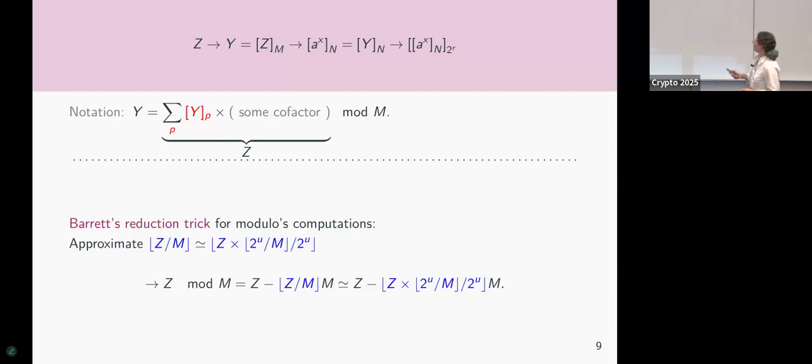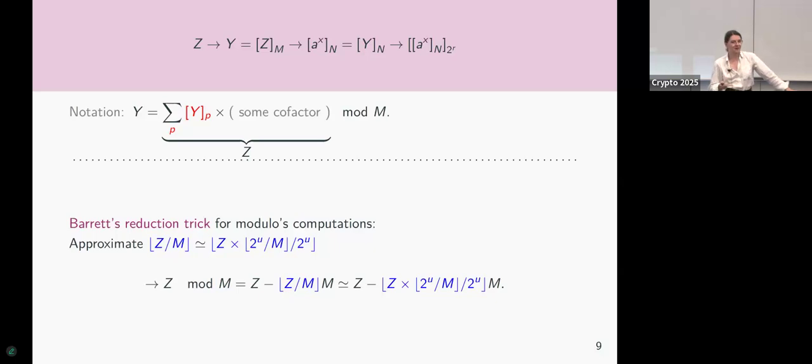This means that in order to compute z modulo big M, we can compute z minus the quotient of z divided by M, times M, and this is equal to this kind of formula right here with good probability. Of course, this kind of trick can be applied with big N instead of big M too, and this is how we compute the two modular operations that we have right here.